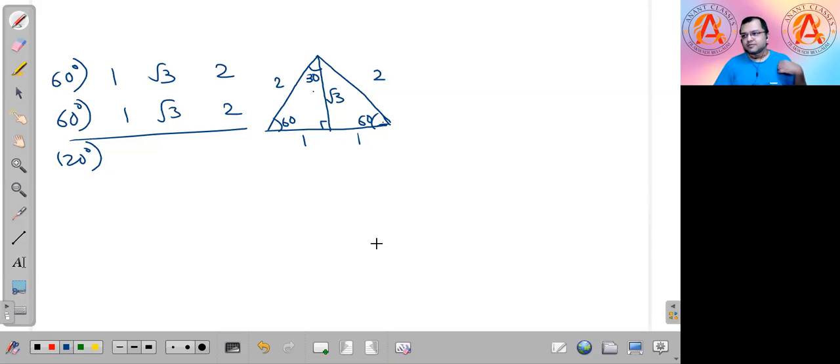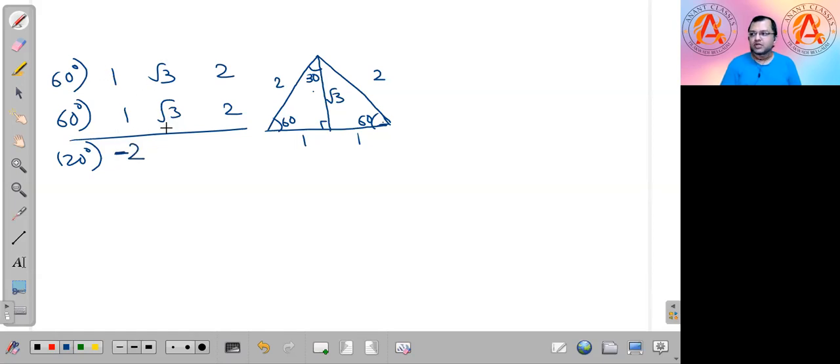Done? 120 degree. All right. So 1 and root 3 into root 3 is 3. 1 minus 3, that will be minus 2.